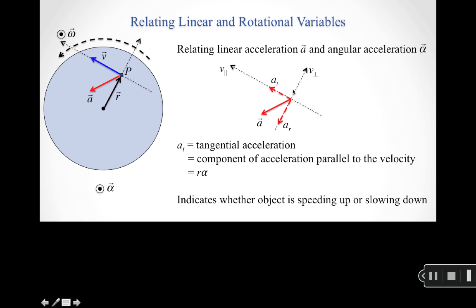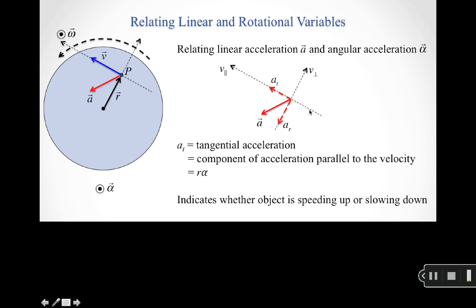So by thinking about the fact that the tangential acceleration lies in the direction of the velocity, that tells me that the object has to be spinning faster, which means I can figure out what the direction of the angular acceleration is relative to the angular velocity.